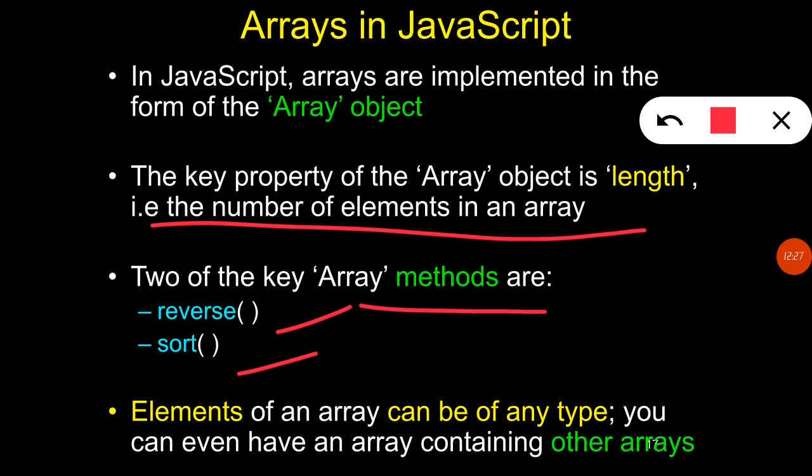As we discussed in C, C++ and Java programming languages, an array contains only homogeneous data type elements. But the difference between those languages and JavaScript is that here in arrays we can store any type of elements. Instead of just storing strings or numbers or boolean values, we can store a mixture of numbers, strings and boolean values in arrays.